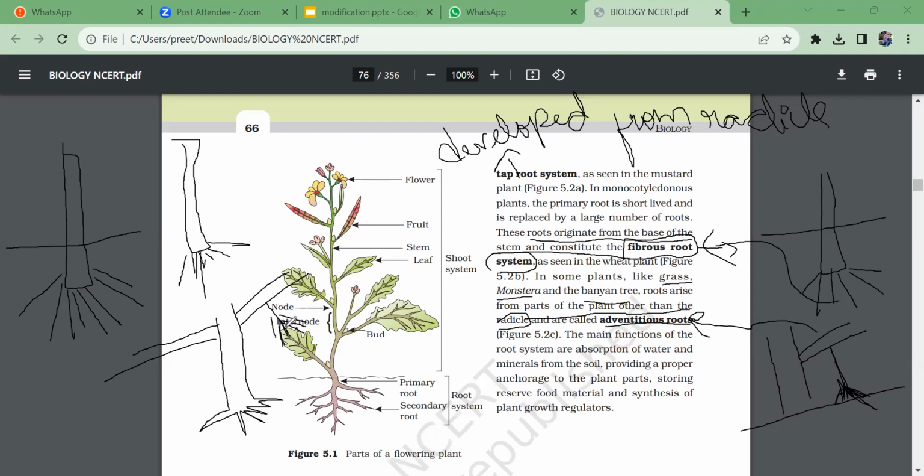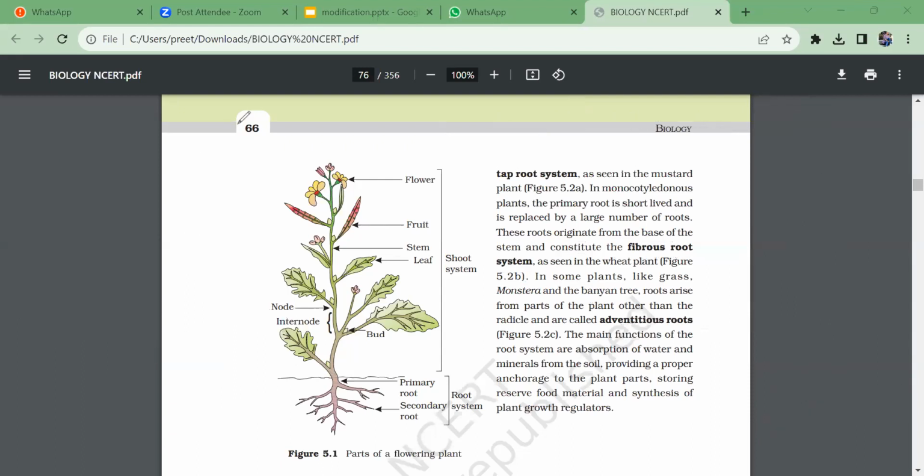So both are not developing from the radical, right? This came from a stem and this came from a branch. But this is aerial, so I will call it an adventitious root. This is underground, so I will call it a fibrous root. Clear? Yes, ma'am. Devika, Gauri, Ronak?